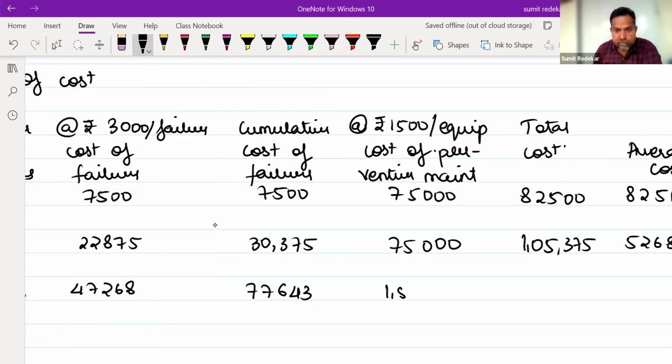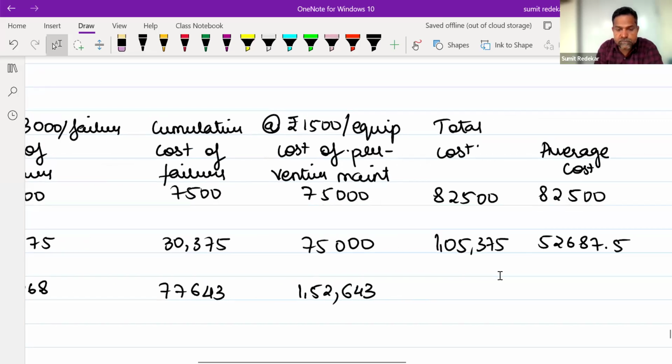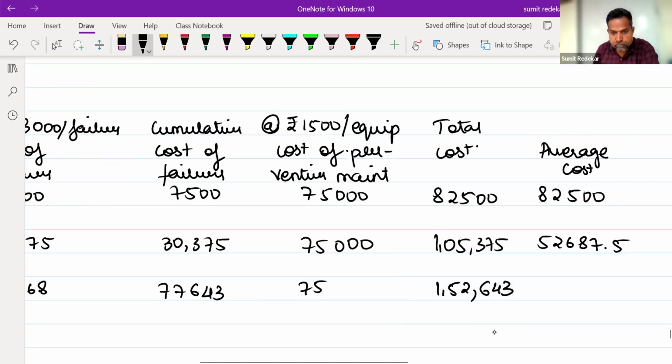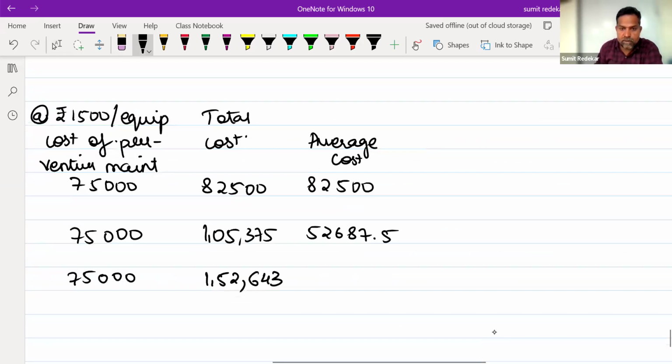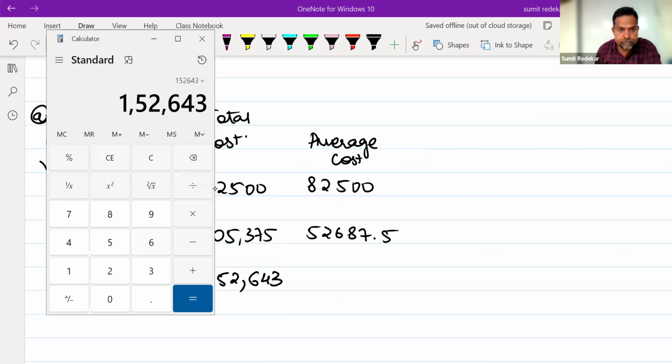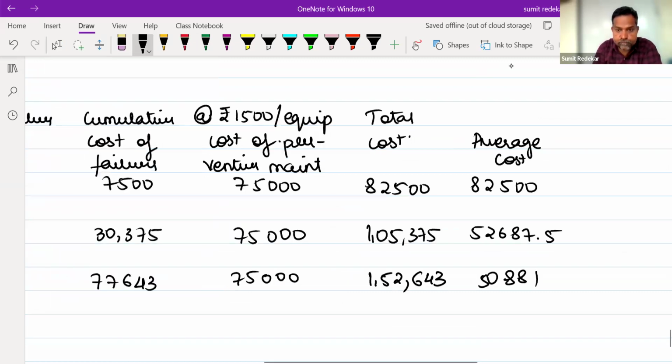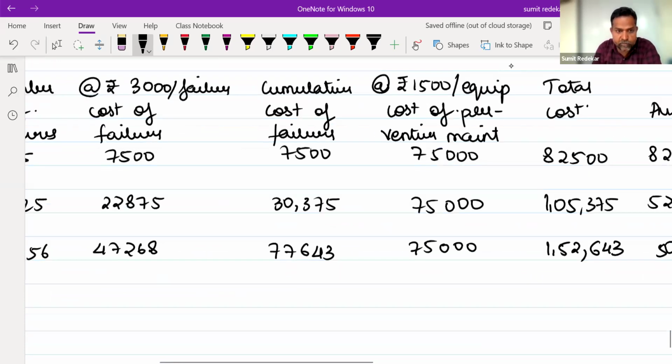And you will get 152,643. Average is going to be 50,881. It's still reducing. Good. We'll continue then.